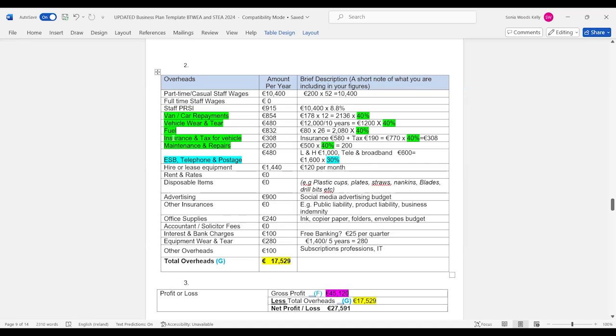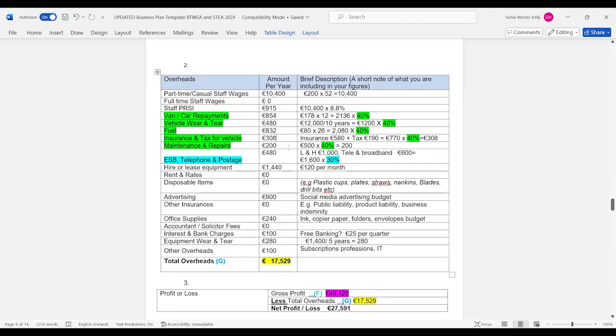The next item is your insurance and tax. So just look at what insurance and tax you currently pay on your car. So 580 for insurance, 190 for tax. The two of them come to 770 euros. And once again, multiply that by 40%, your business percentage of usage, and that comes to 308 euros.